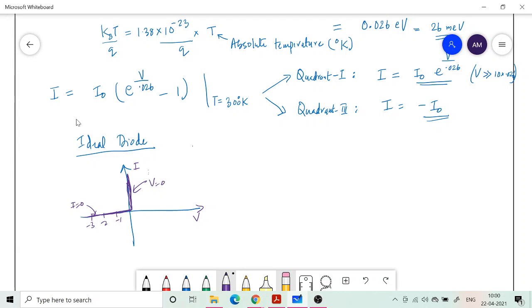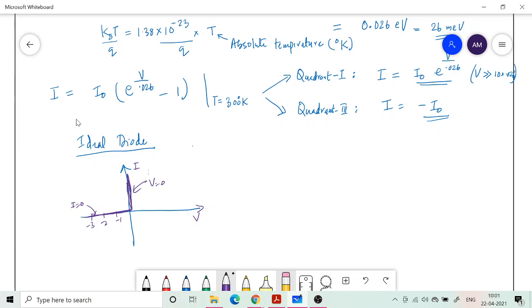An ideal diode which has characteristics like this never exists in practice, but this is the simplest approximation one can take in order to quickly find out how the voltages and currents in a diode circuit will look.